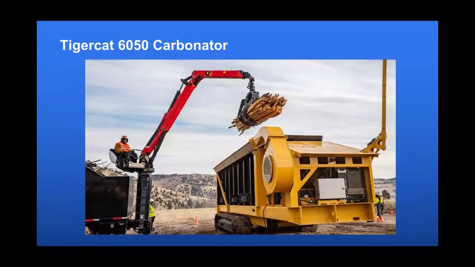So here's where I jump into some of the solutions that are available. This is a device that takes waste from trees that are used to thin out forests. So it's part of forest management.